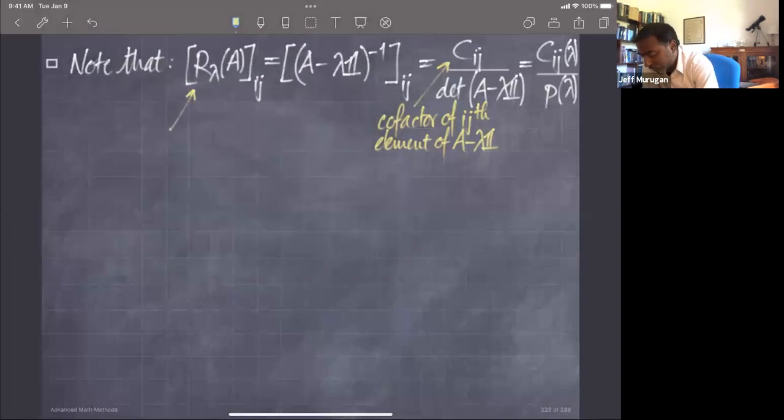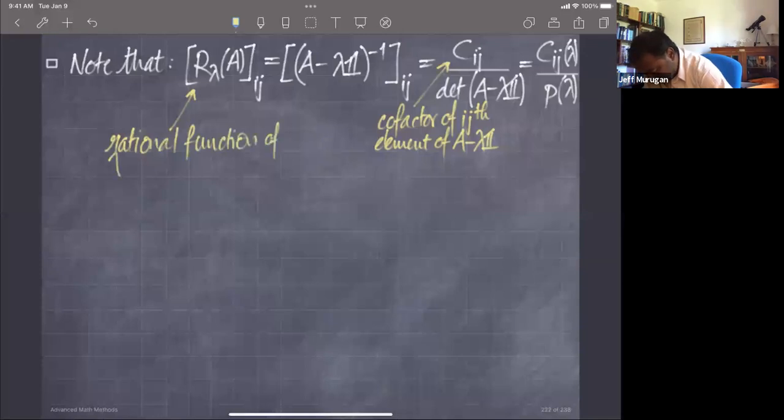So because these two guys are polynomials in lambda, the ratio of those two polynomials must be a rational function of lambda, which implies only poles as singularities.